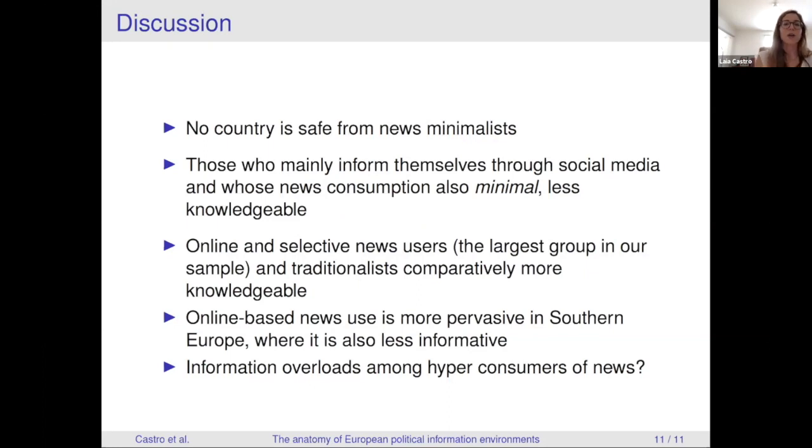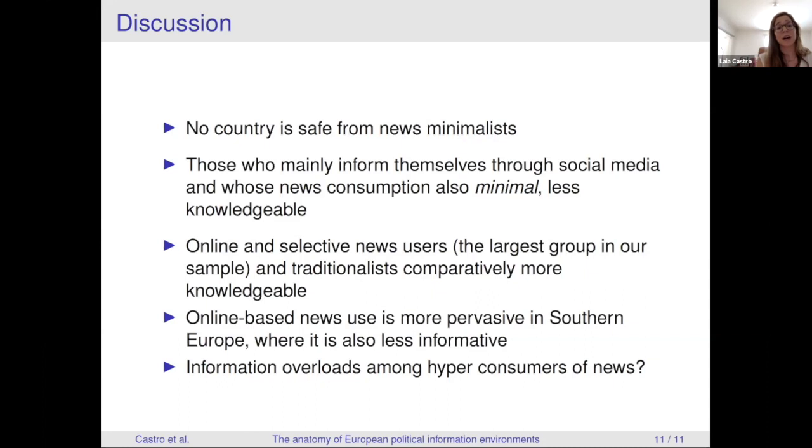We also found that those who mainly inform through social media tend to be less knowledgeable. This also squares well with previous evidence, consistent with the assumption that sporadically using social media for news and being exposed to disconnected bits of information might not add to levels of political knowledge.